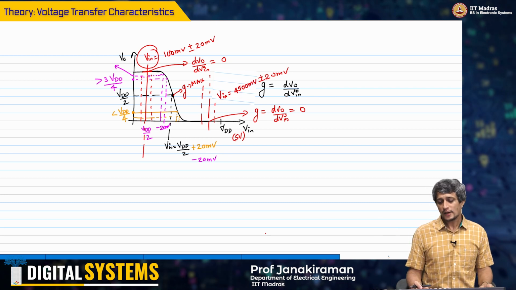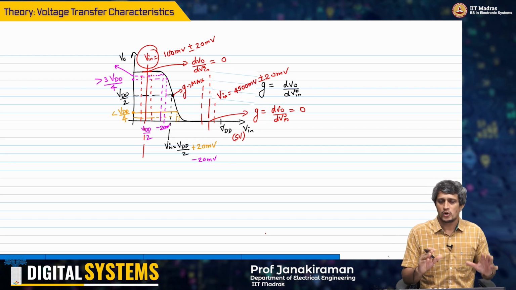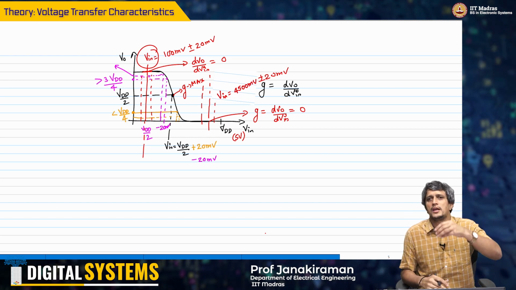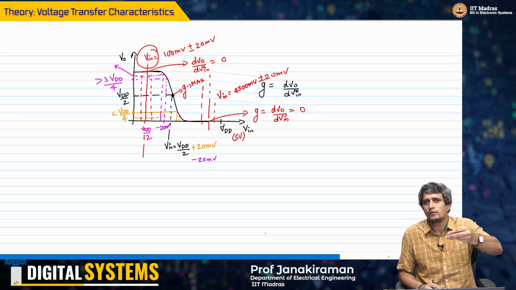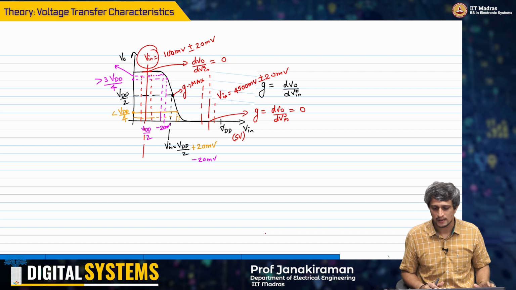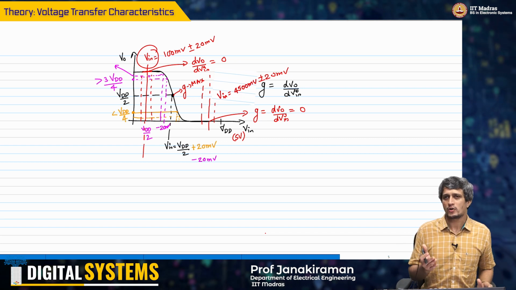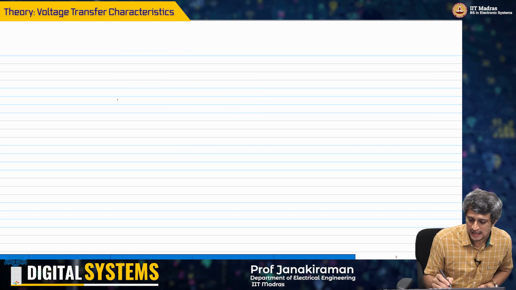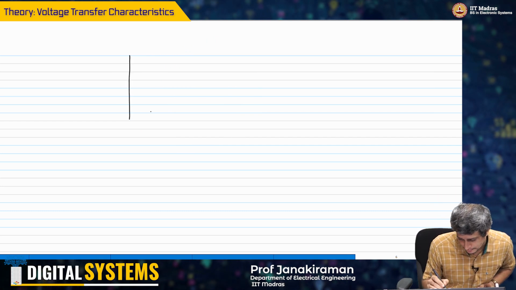Okay. So therefore, having gained some insight into how the derivative of this curve actually determines the reaction to noise, what we need to now figure out is where I should place my VIH and VIL.